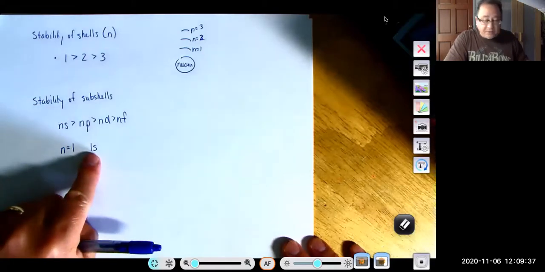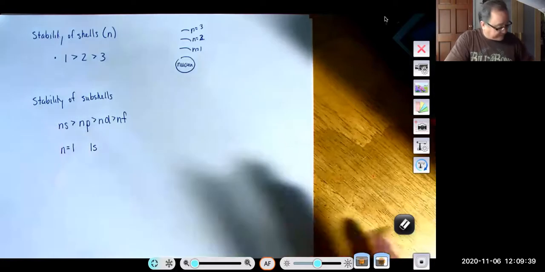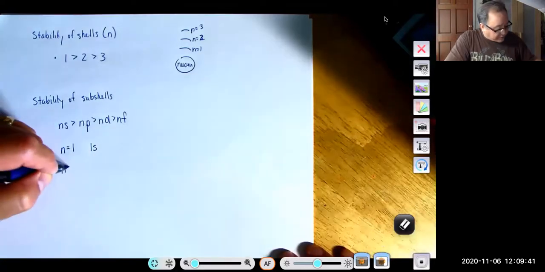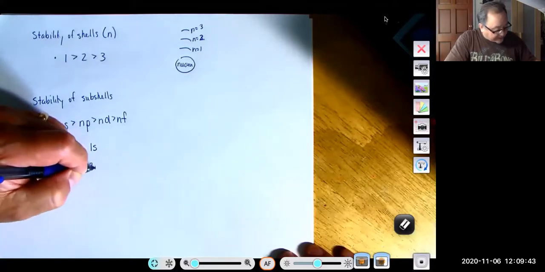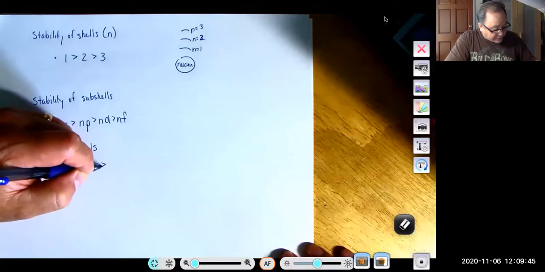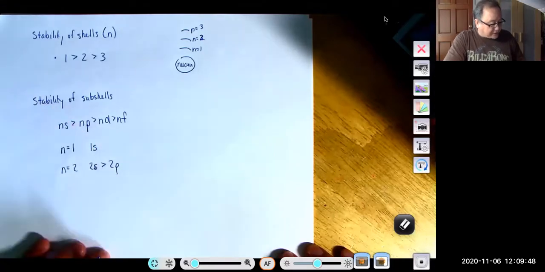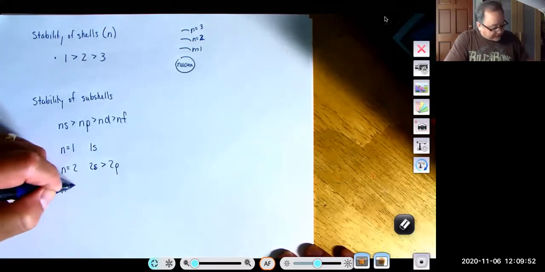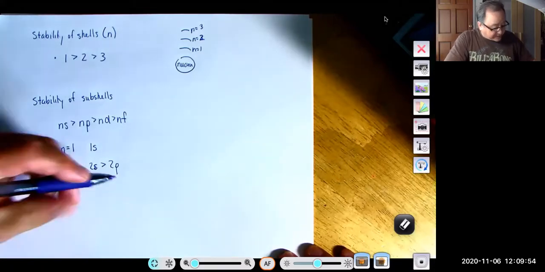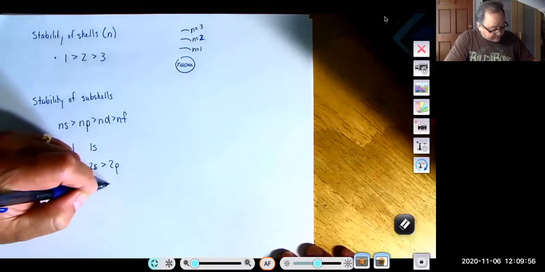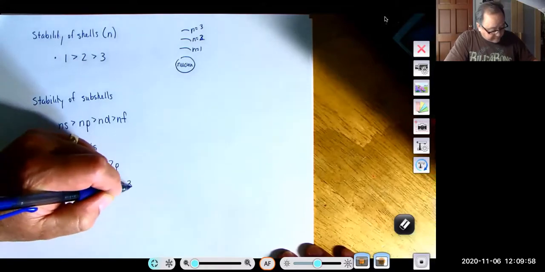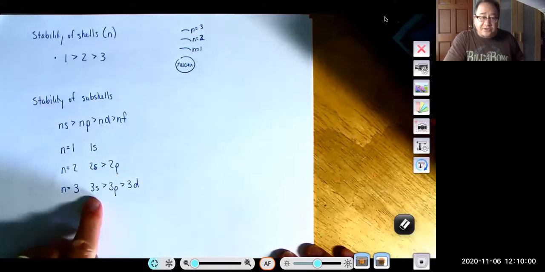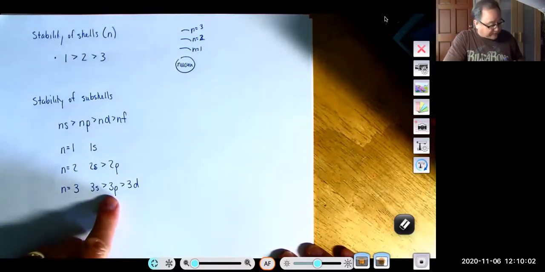So it doesn't have to compete with the 2p, there's no such thing. For n equal 2, there's a 2s, which is more stable than the 2p, and there's only 2 subshells. For the third shell, there's 3 subshells, and the 3s is more stable than the 3p, which is more stable than the 3d.